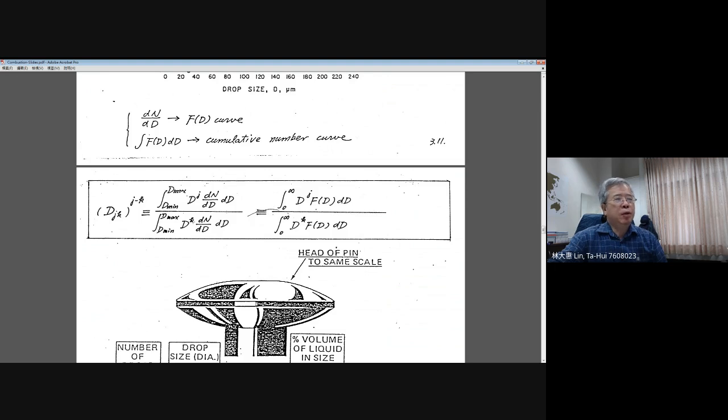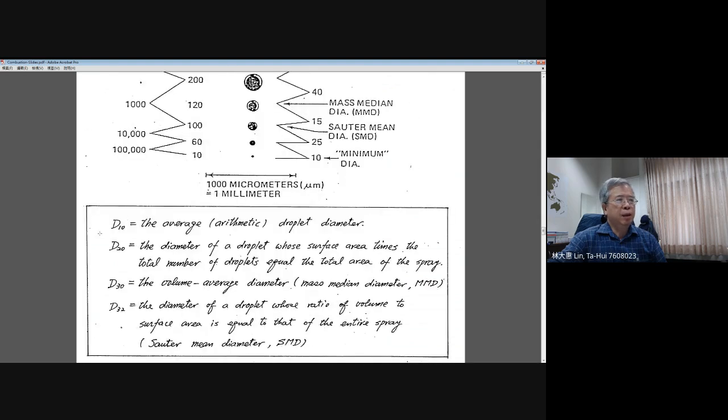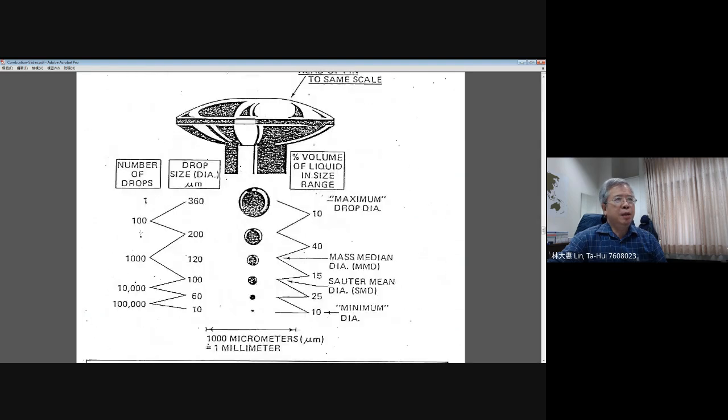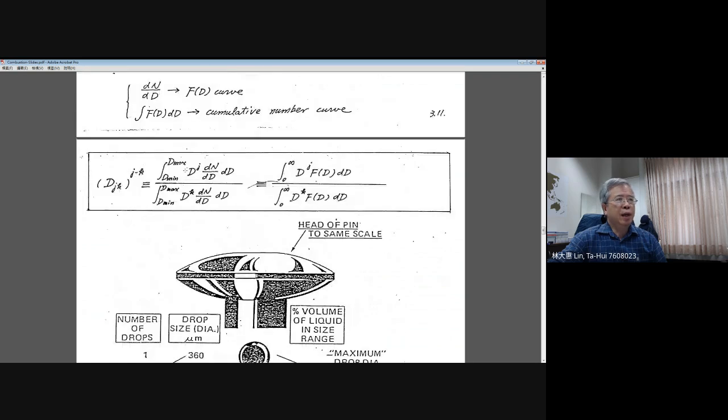Okay. Now we try to give you some examples to understand this definition of the average value for different kinds of purposes. The first one, think about D10. What is the meaning of D10? J equals 1, then K equals 0. What is the meaning of K equal to 0? If you look at the denominator, it simply calculates the total number of droplets you may have.